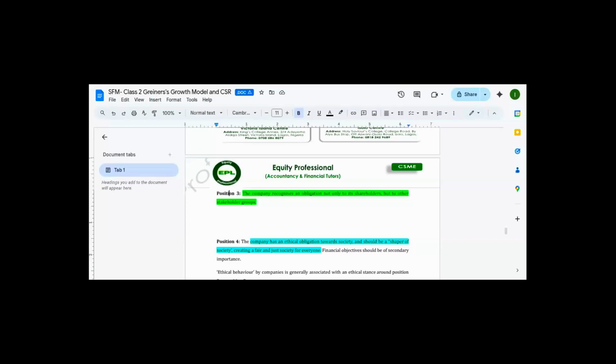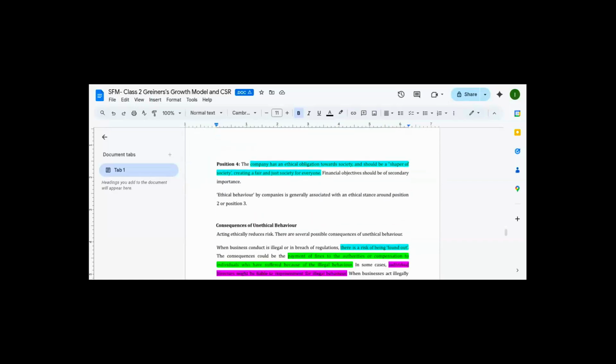It advises the company that we have to be responsible to all different categories of stakeholders: internal and external, primary and secondary, narrow and wide, legitimate and illegitimate, known and unknown stakeholders. We have so many types like that.